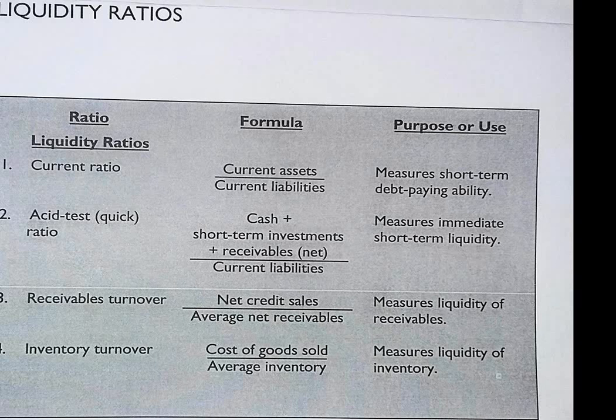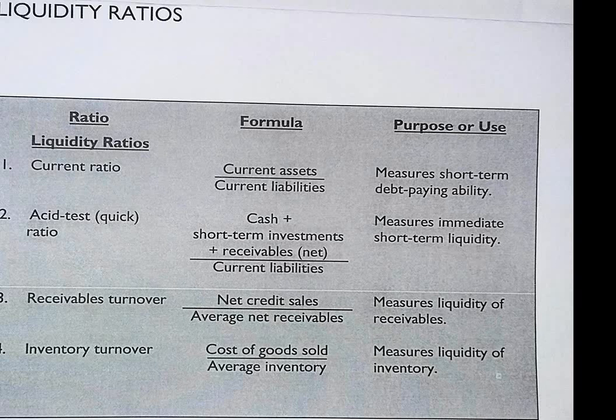Then the third one is receivables turnover. Receivables, as you know, have a direct relation with credit sales. They have no relation with cash sales, but a direct relation with credit sales.